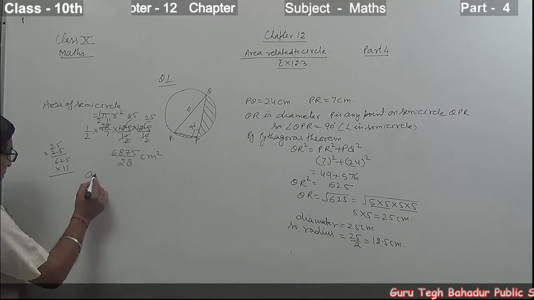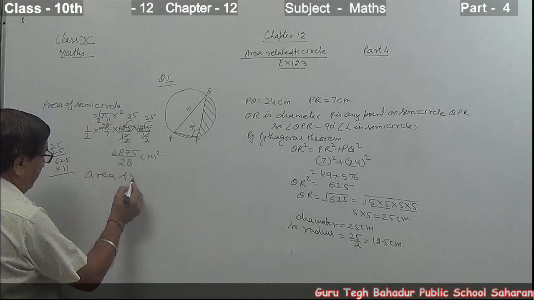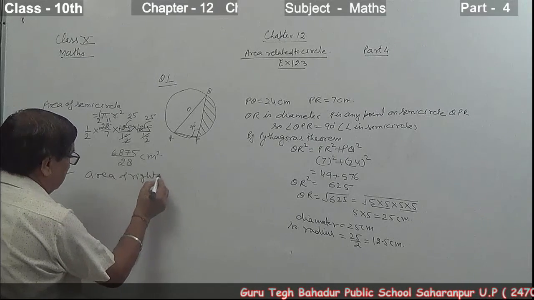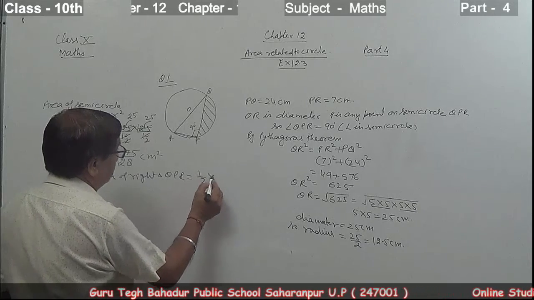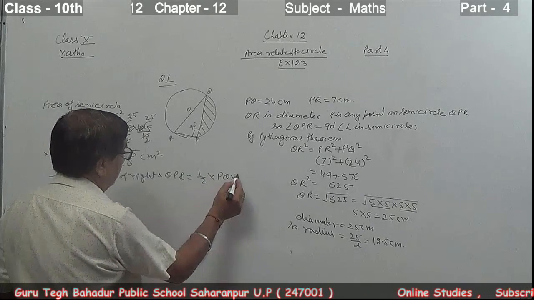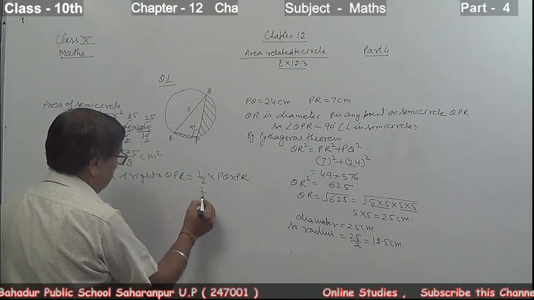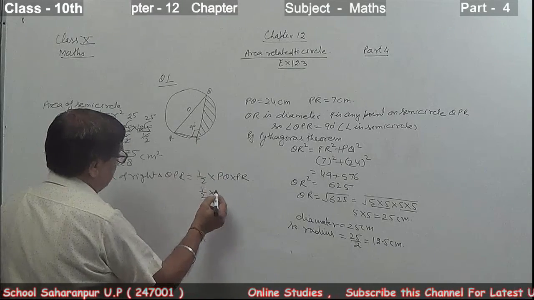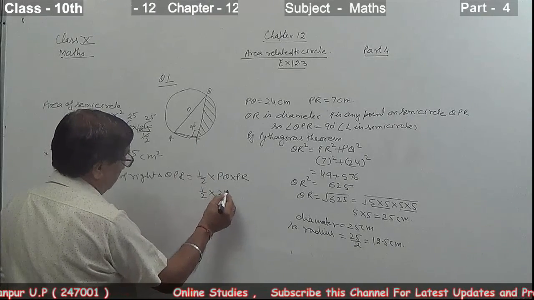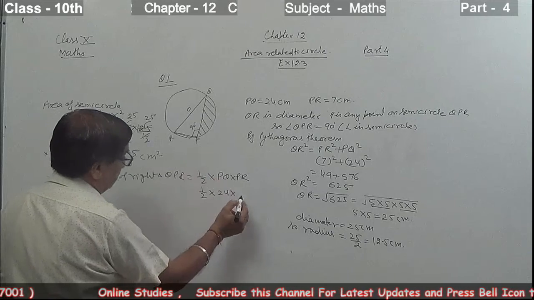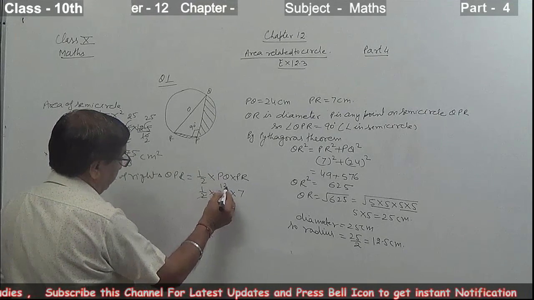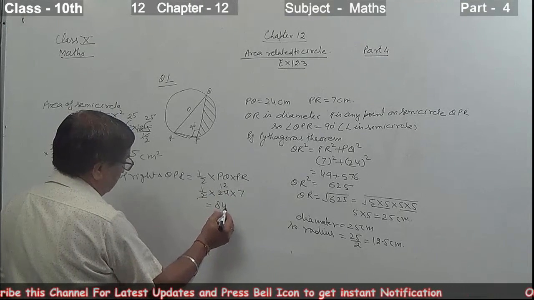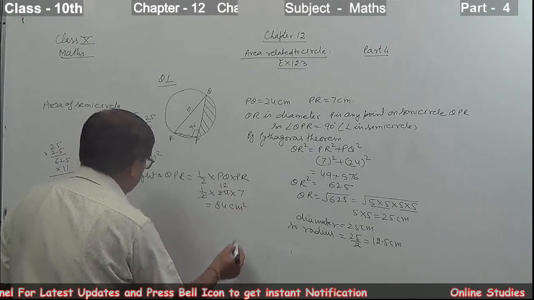Area of right triangle QPR is half into PQ into PR, half into 24 into 7, 2 12 ja, 12 7 ja 84 centimeter square.